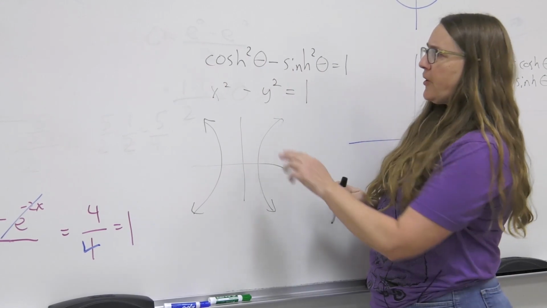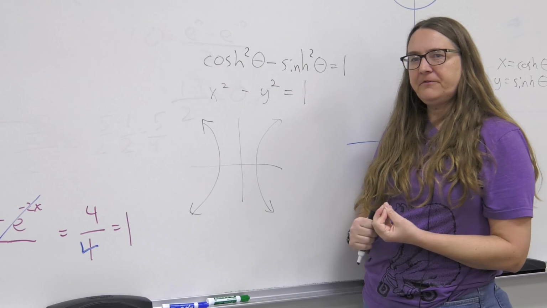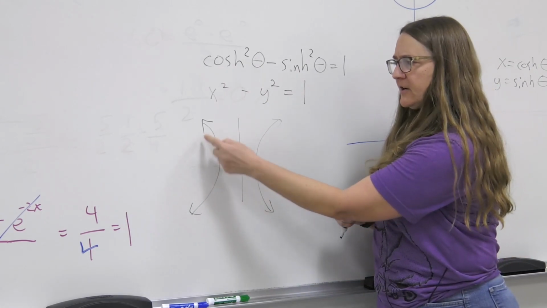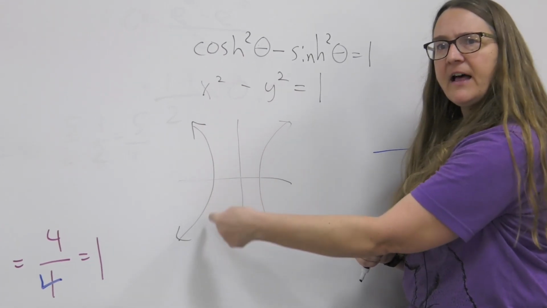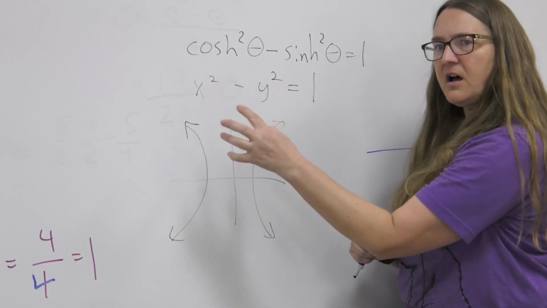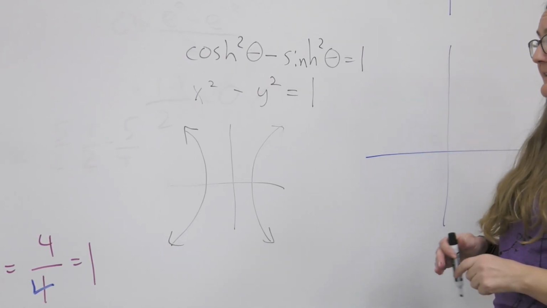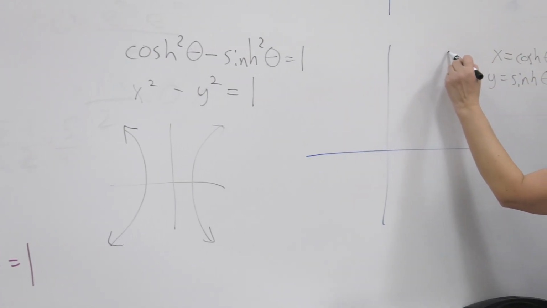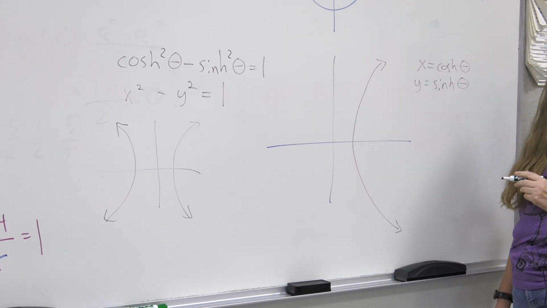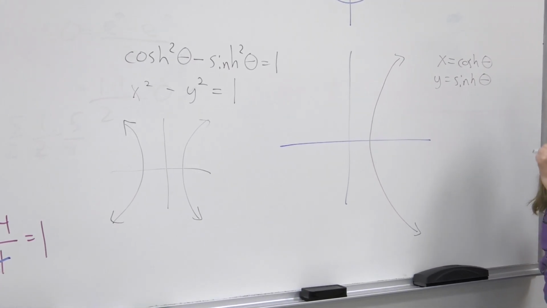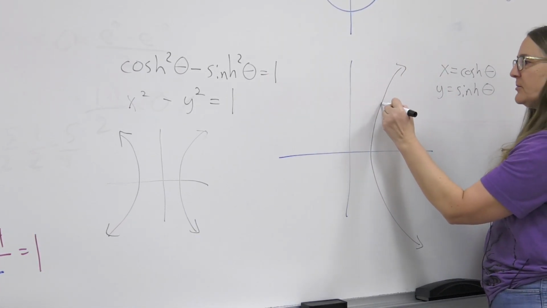Need to be careful though, because cosh is never actually negative. So the points over here have negative x values. Those aren't going to coincide with any values of cosh, because we saw that cosh, when we graphed it, was always above the x-axis. But if I take just the right branch of this unit hyperbola, cosh and sinh parameterize just this half of the unit hyperbola.